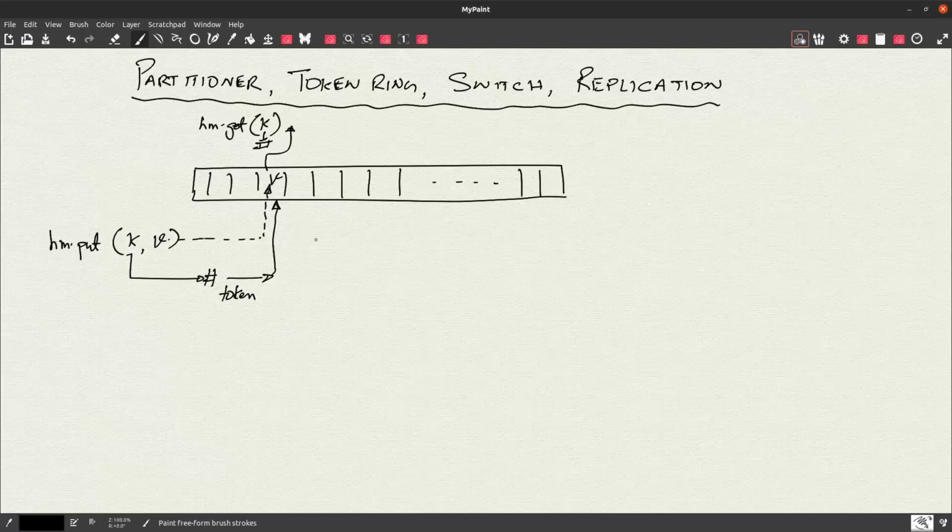Now the whole idea is this particular hash map has a set of buckets. Let's call it n. N is the number of buckets that this hash map can deal with. If n is the number of buckets that this hash map can deal with, doesn't it mean that the number of tokens generated by the hashing algorithm is n?